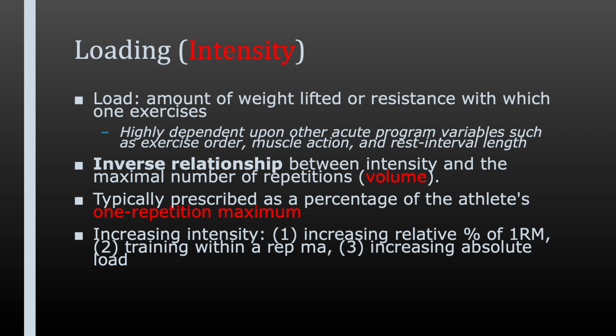And 3, increasing absolute load, so simply adding more weight. The combination of these 3 will allow us to have improvements over time and increase our ability to improve overall strength. Ultimately, whichever method we use, we should use a combination of all 3.